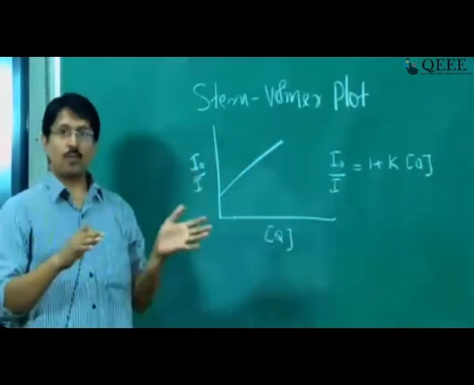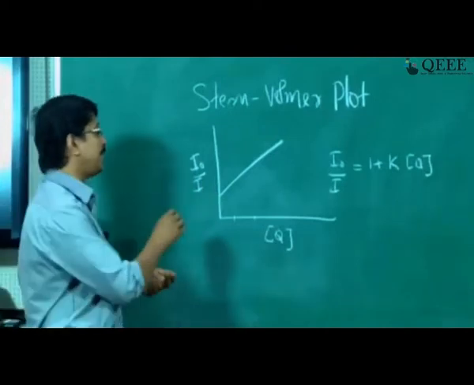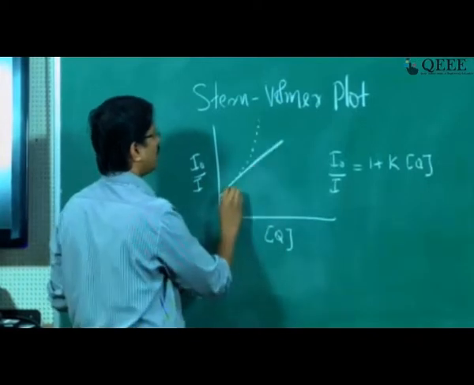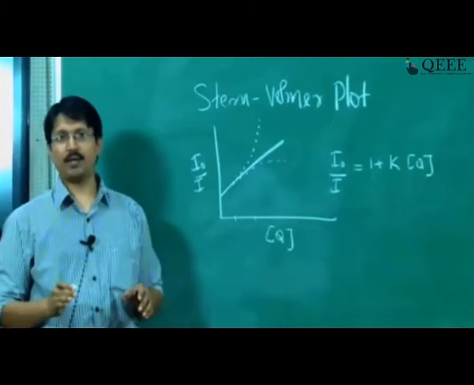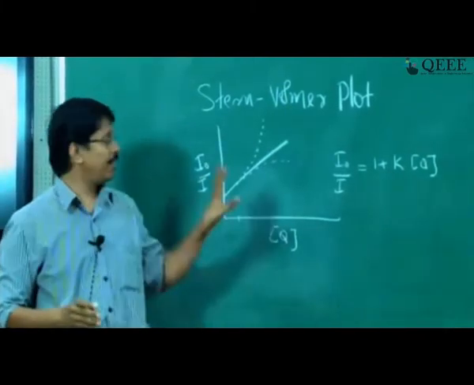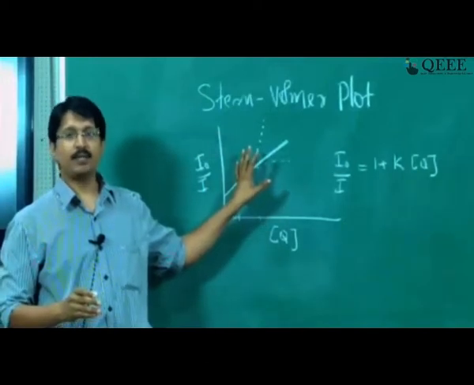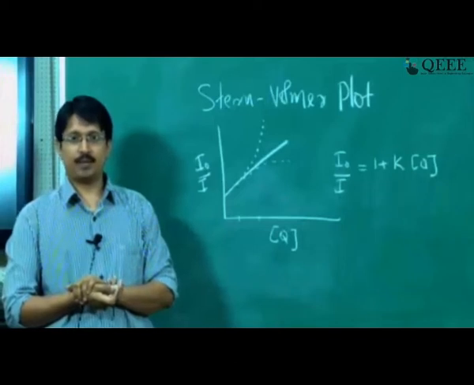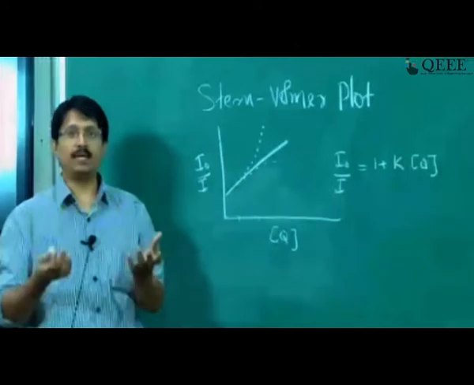But suppose both quenching types are happening, then this plot will either go upward or downward. It deviates from linearity. That's why one colleague said that by analyzing the Stern-Volmer plot, you can understand whether both static and dynamic quenching are happening. But again, this intensity ratio plot will not give you many more details.